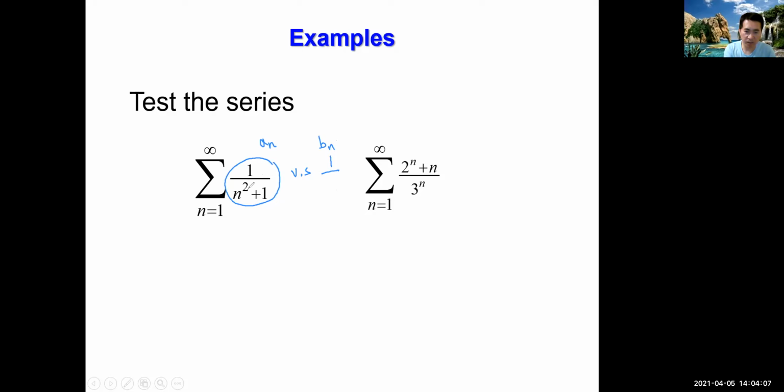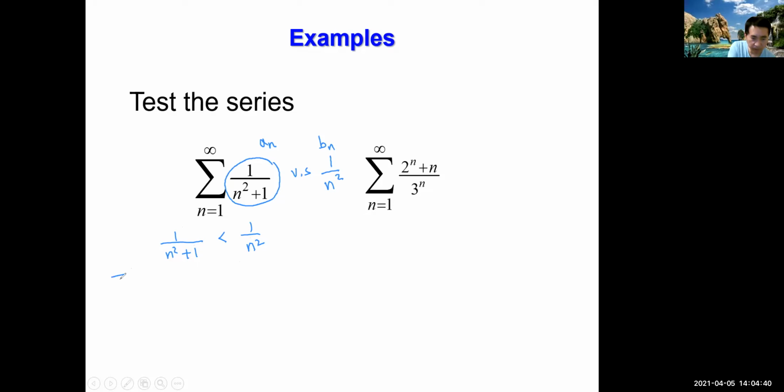Since n goes to infinity, you drop the 1, that's the n squared. Right, so basically I'm comparing these two series. Now first, I noticed that 1 over n squared plus 1 has to be smaller than 1 over n squared, right? The denominator here is larger, so the fraction is smaller. So that has to be smaller than that.